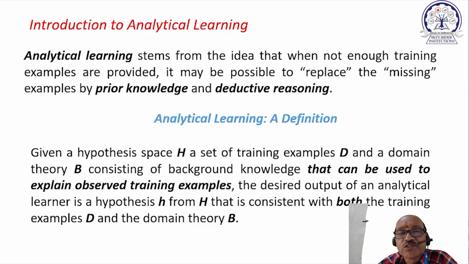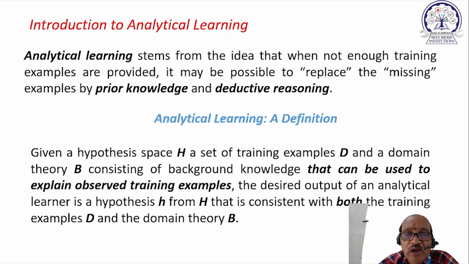Coming to analytical learning, the definition given by some scientists is this: given a hypothesis space capital H, implemented earlier, a set of training examples, capital D, and the relation between H and D along with the domain theory. The domain theory, capital B, consists of background knowledge.